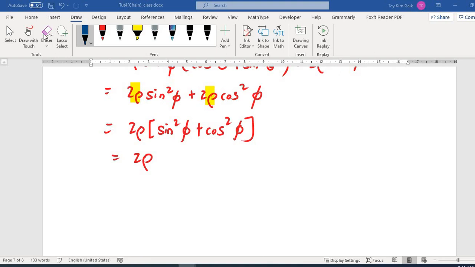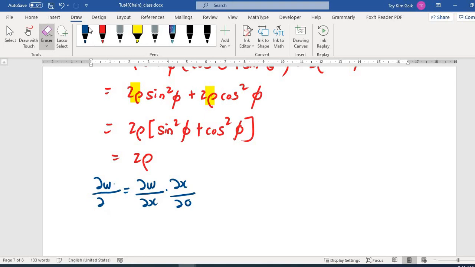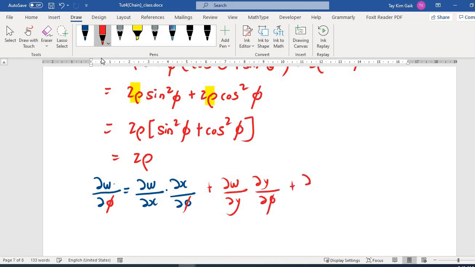Similarly, we can do it for del W del phi. Del W del phi is del W del x times del x del phi, plus del W del y times del y del phi, plus del W del z times del z del phi.